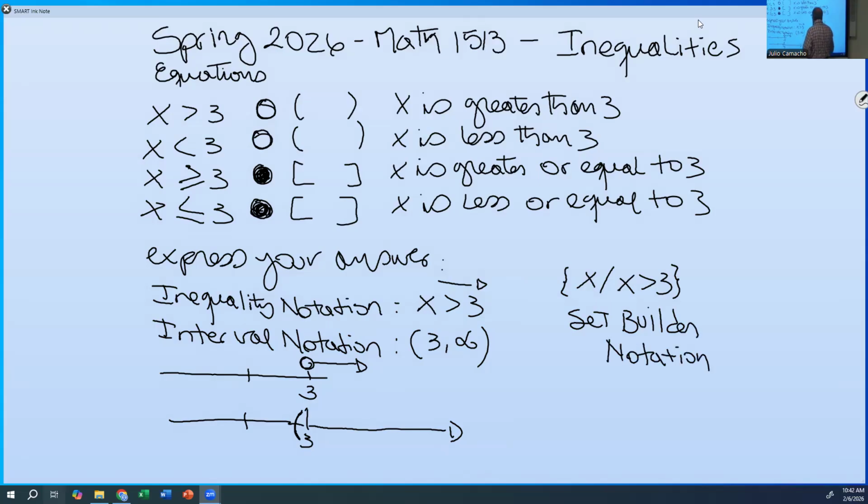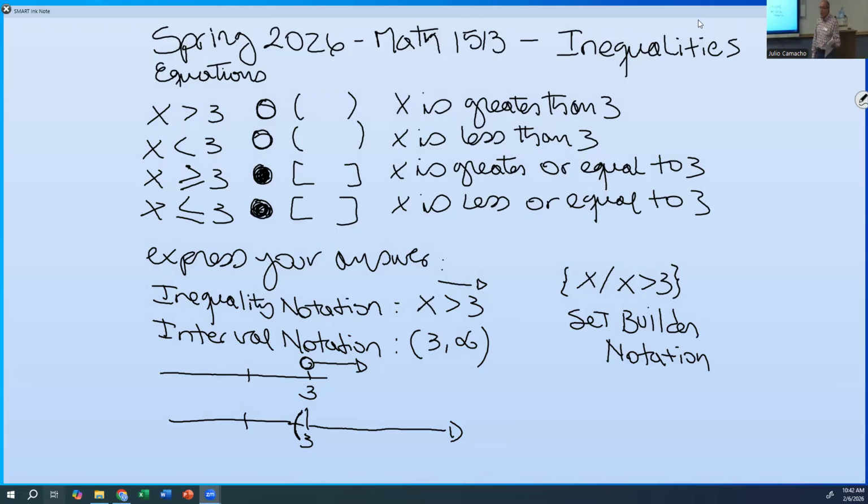So those are all the ways that you can express the answer. You can express it as an inequality, as interval notation, as a graph, or as set builder notation. In the test or the assignment, they will interchange.